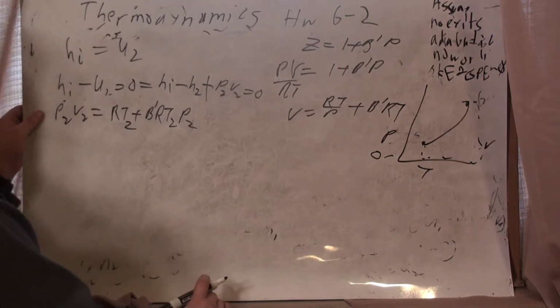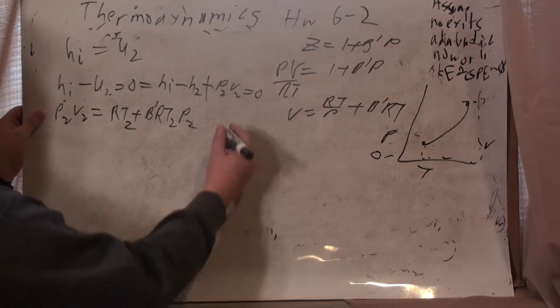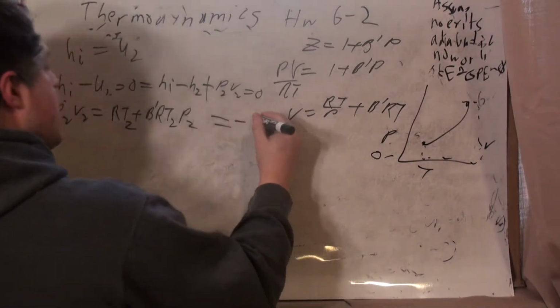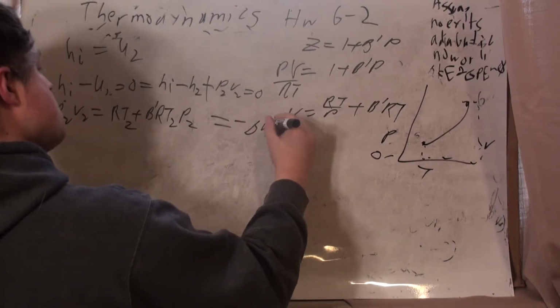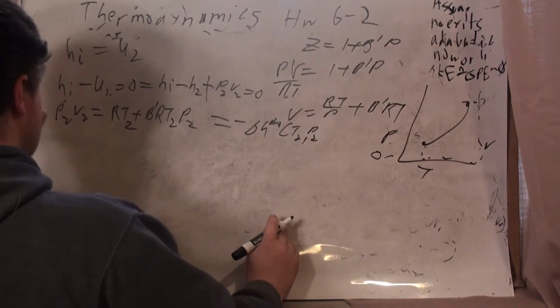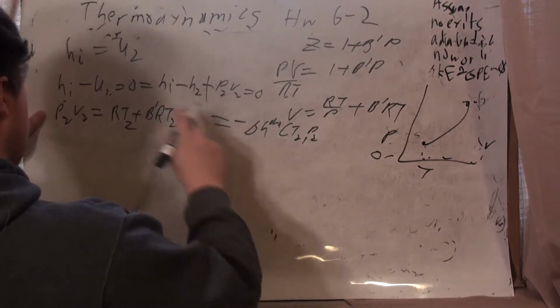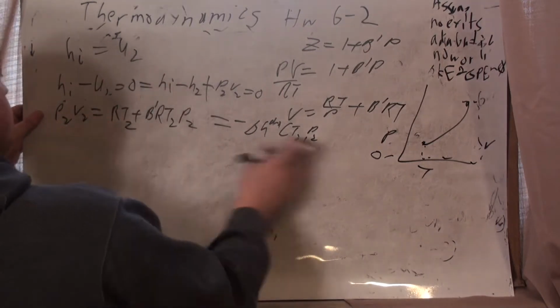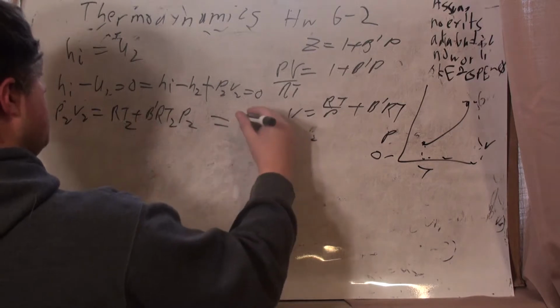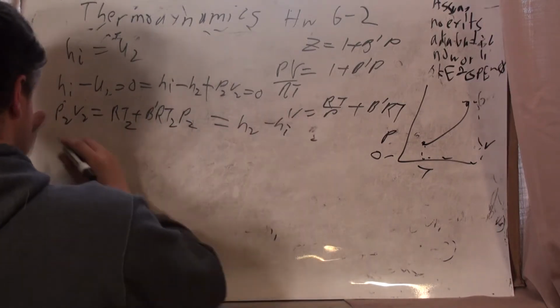All right, and that equals my delta H. So I have minus delta H departure of T_2 P_2. No. Well, let's write it this way. I kept my P_2, so it becomes H_2 minus H_i.